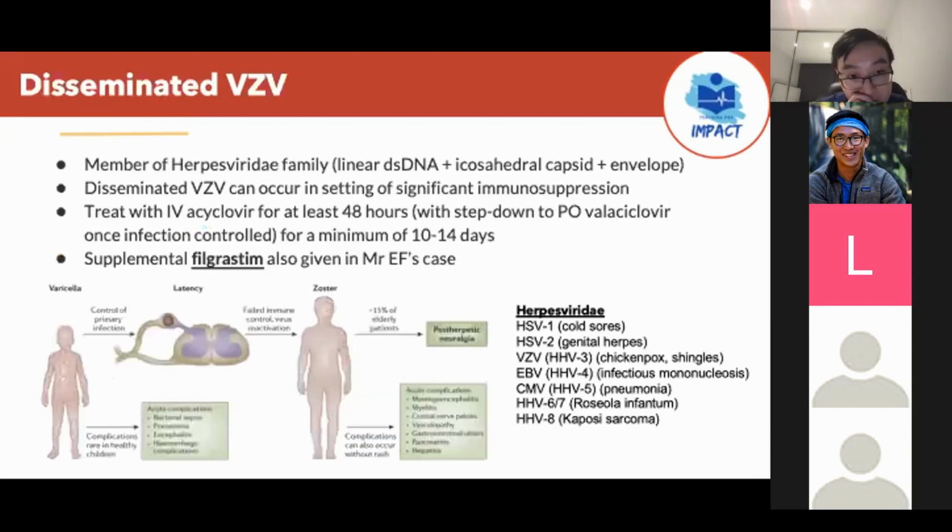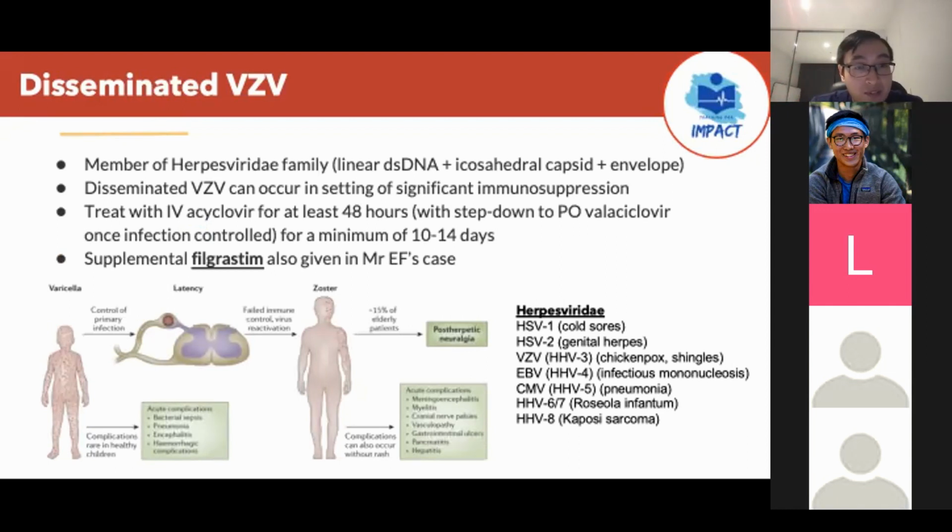So a word about varicella zoster virus. Varicella zoster virus is one of 8 clinically important members of the herpes virus family. All herpes viruses consist of a piece of linear double-stranded DNA that's surrounded by an icosahedral capsid that's then surrounded by an envelope.